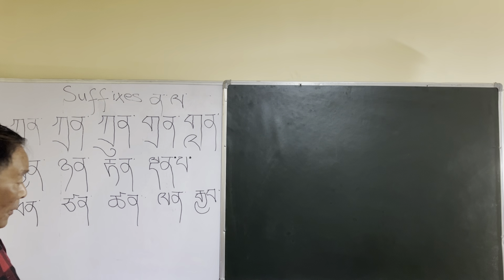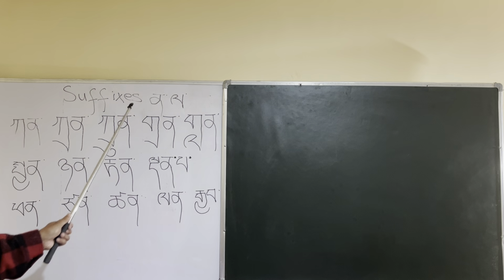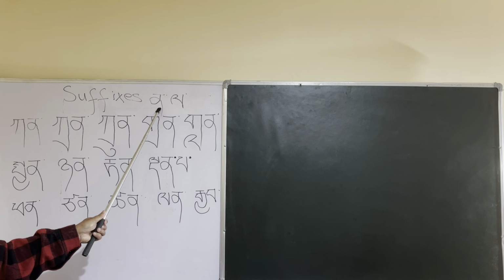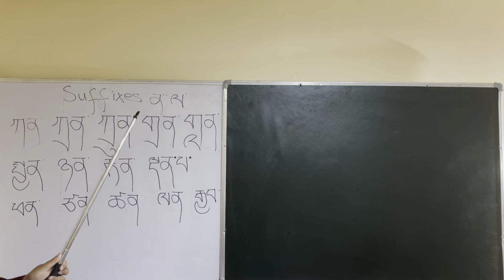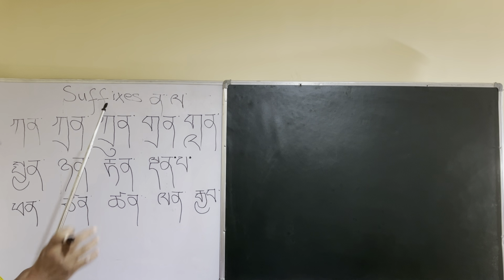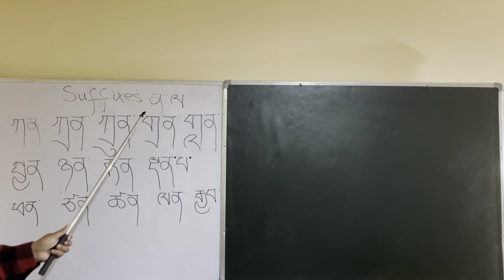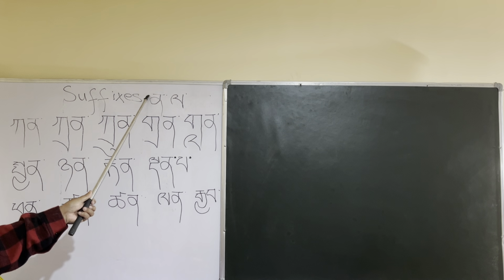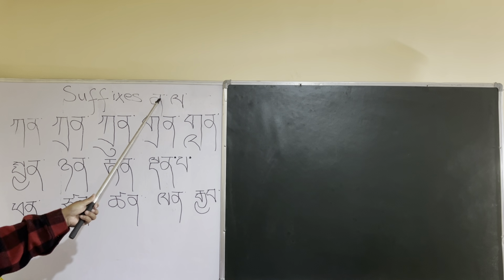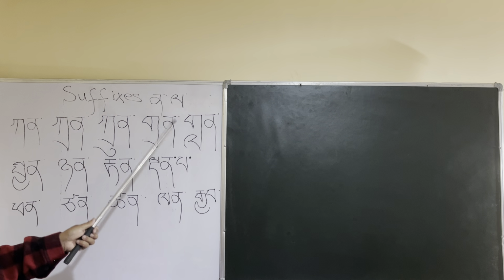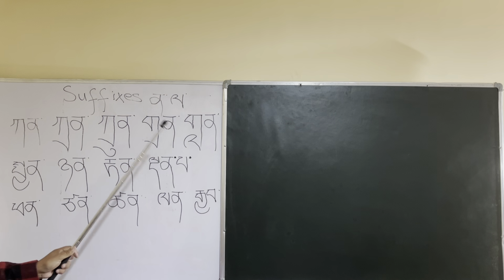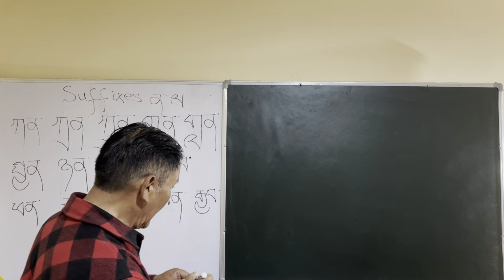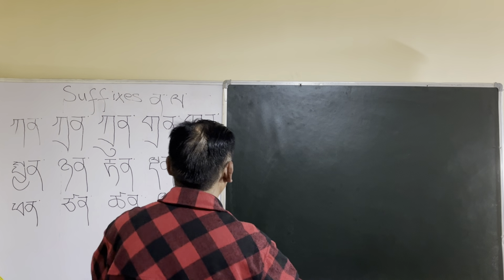So in brief, if you see na as suffix to any consonant starting from ka, na adds a vowel to the consonant and na is to be pronounced. That's it. Now similarly, la works in the same way.